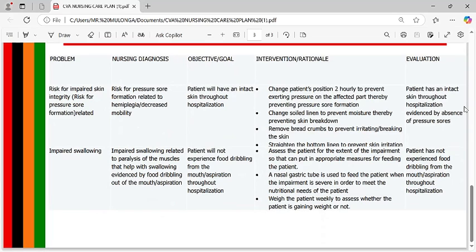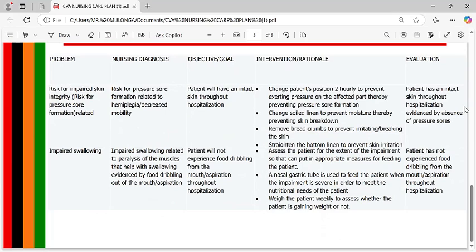And one of the consequences of immobility is that you may develop what we call pressure sores. Why? Because there is too much pressure exerted on the skin. The body is pressing the skin on the surface, and that pressure is prolonged and there is no relief. Therefore, some form of sores will start coming up.